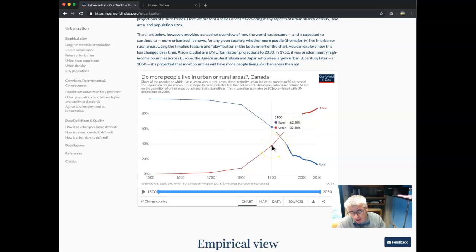So there's a data point for 1900 and a data point for 1950, which is much less dense than it is for the US. But that inflection point appears to be about the same point. And if we fast forward to today, pretty similar, 18 to 82% rural versus urban, and the prediction for that trend to continue to increase.